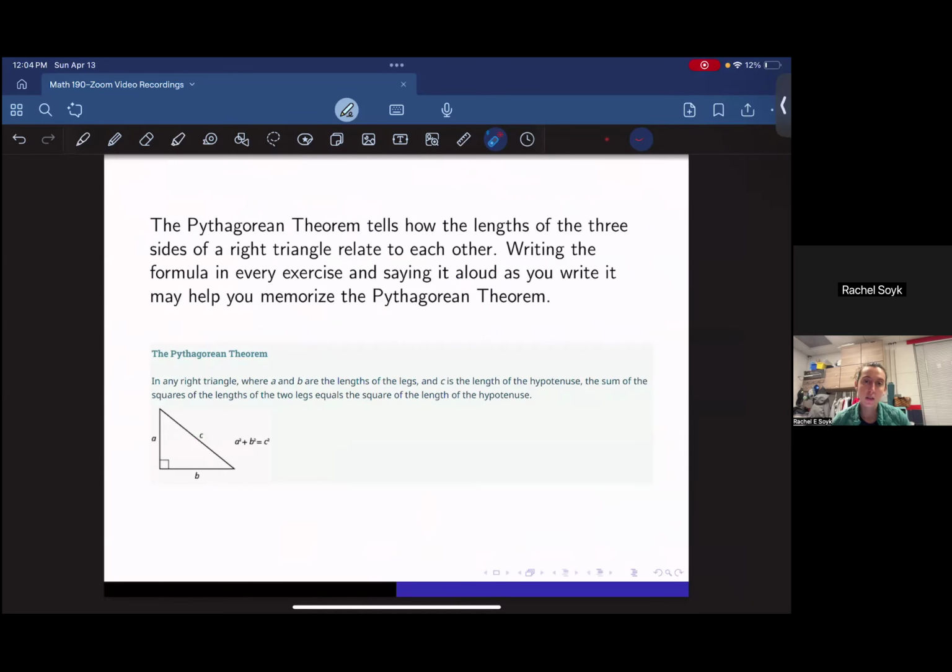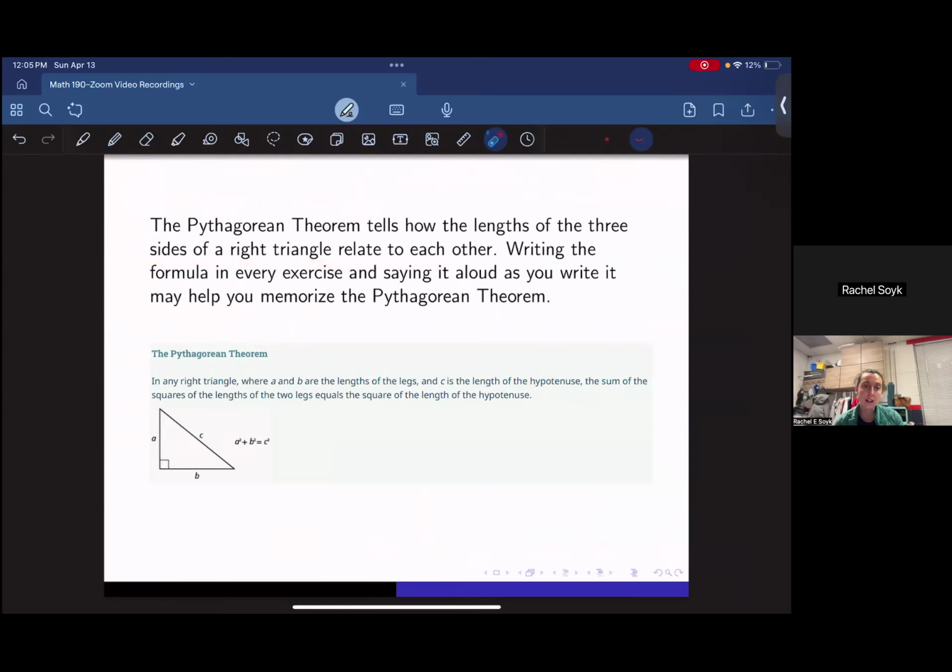Okay, so just to reiterate, the Pythagorean theorem tells us how the lengths of three sides of right triangles relate to one another.